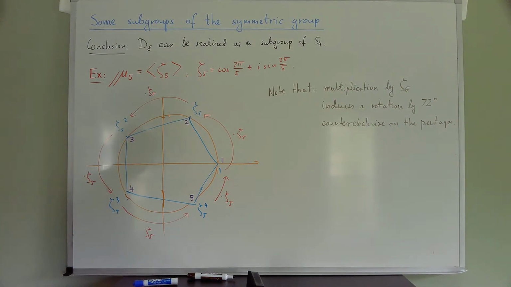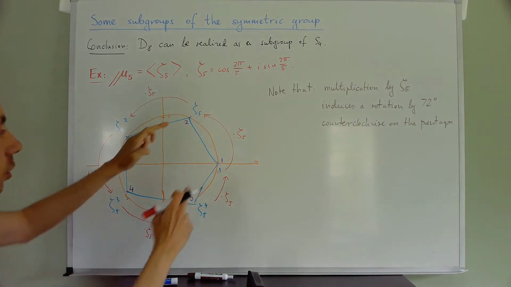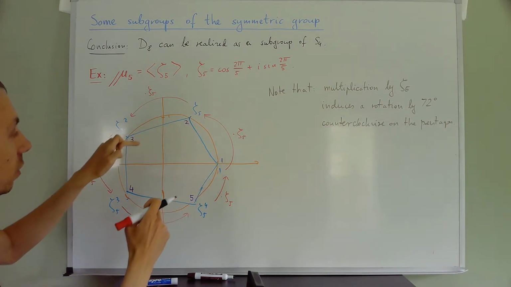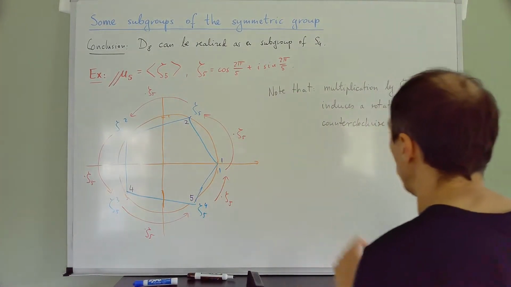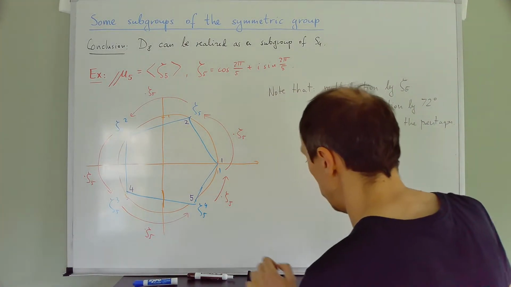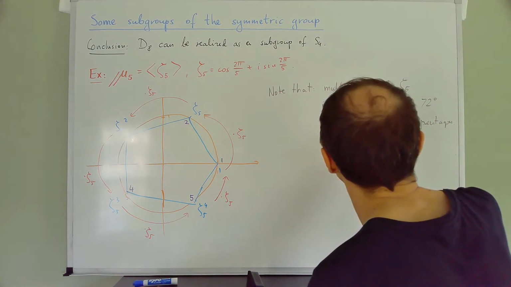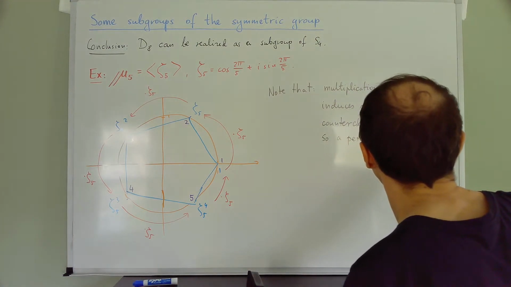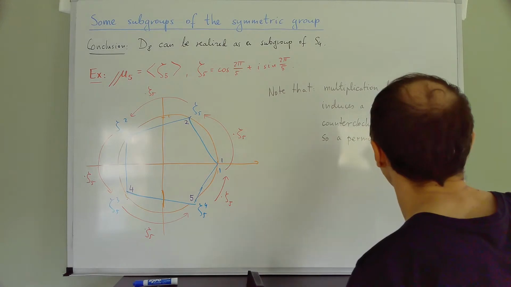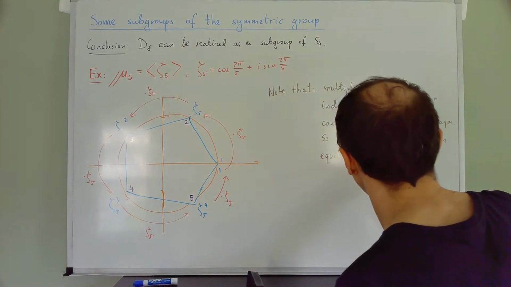So multiplication by zeta 5 gives me a rotation of this pentagon. It sends vertex 1 to 2, vertex 2 to 3, vertex 3 to 4, vertex 4 to 5, and vertex 5 to 1. So it induces a permutation on the vertices equal to (1 2 3 4 5).